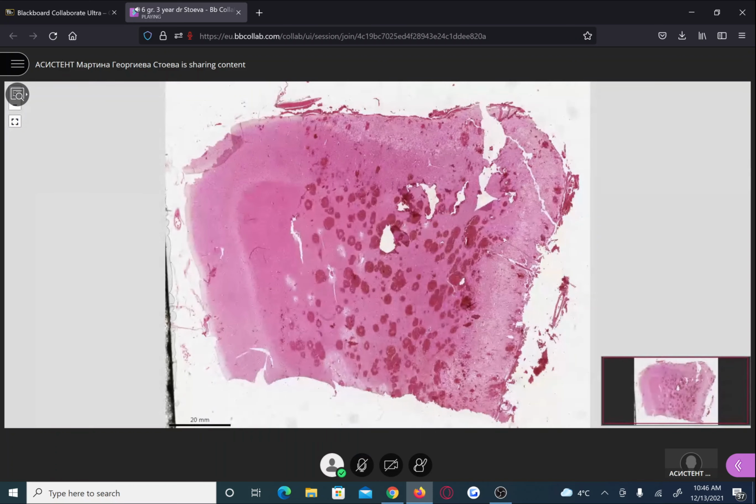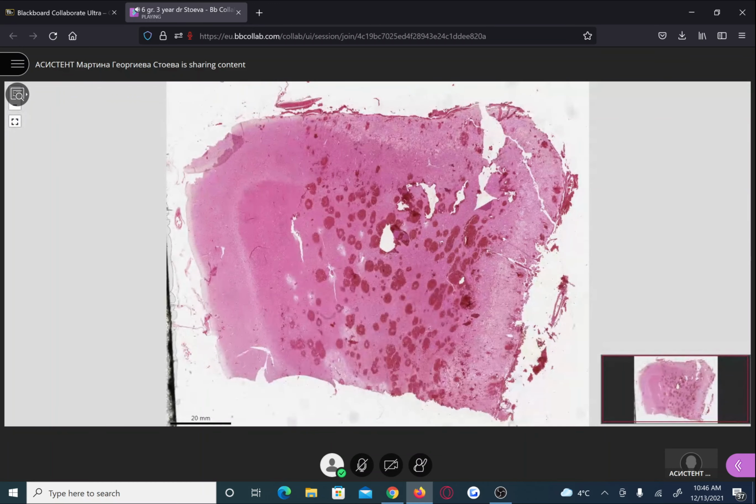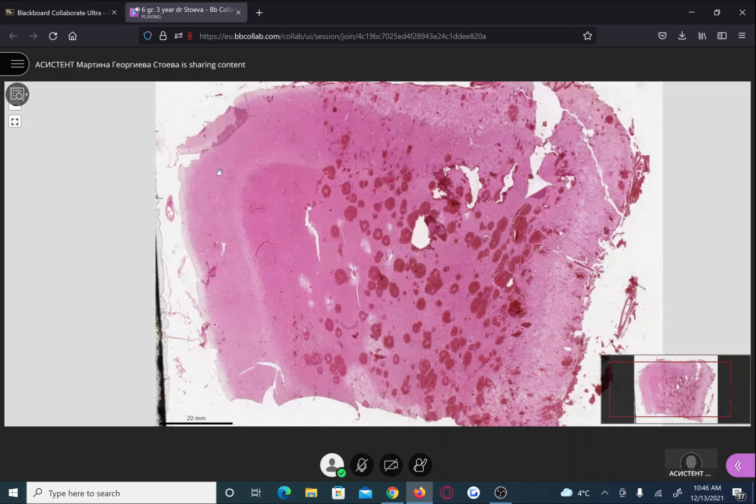The next slide is number 11, petechial hemorrhages in the brain. I think that the hemorrhages are quite obvious where they are, but at the beginning we won't concentrate on them, but on the appearance of the brain parenchyma. The peripheral pallor area is the brain cortex.